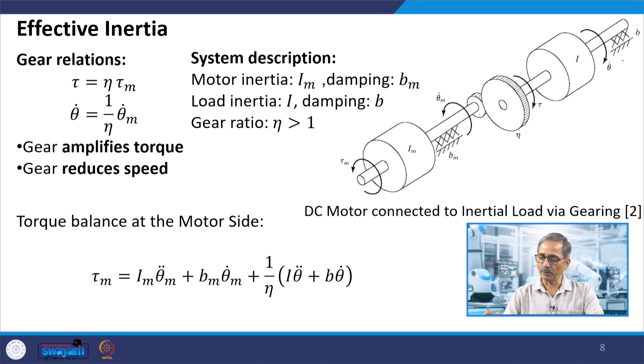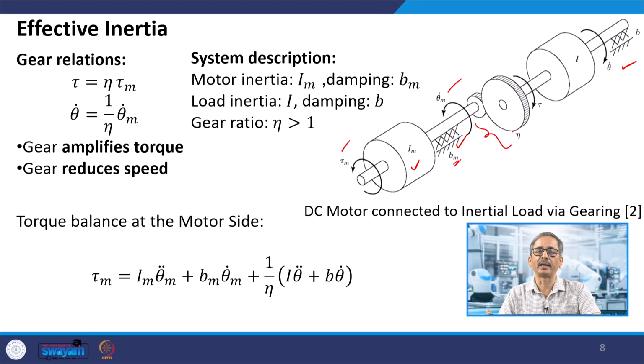Suppose this is your drive system. You have a motor, say the torque generated by the motor is tau m, the inertia of the motor is represented by Im, and let us say there is some frictional resistance present, which I am indicating by the frictional coefficient Bm, and the angular velocity of the motor shaft is theta m dot.